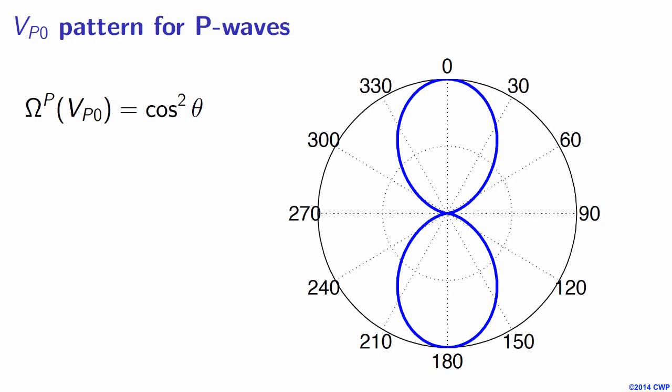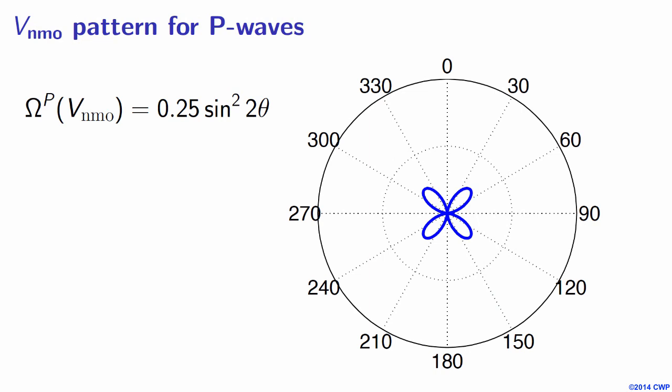The incident and the scattered thetas, the angles, are equal in this case. But this is derived from the previous expression, so we could go on from there to transmission or reflection, anything we want. So here we've got the maximum energy transmitted along the vertical symmetry axis, and then the energy decreases on either side. And this might be sort of intuitive, because we expect the vertical P wave velocity to scatter incident P waves mostly in the vertical direction.